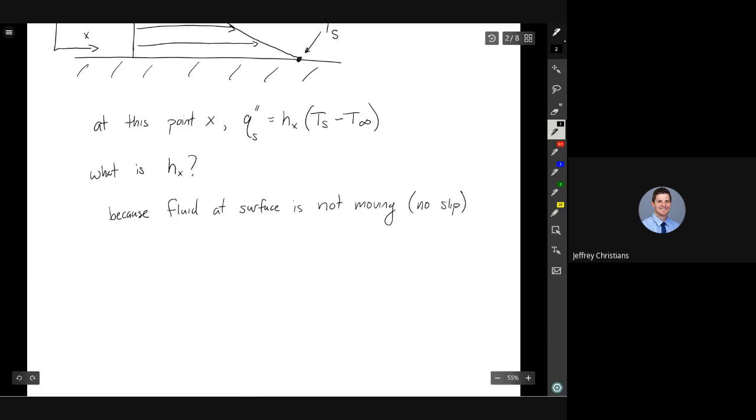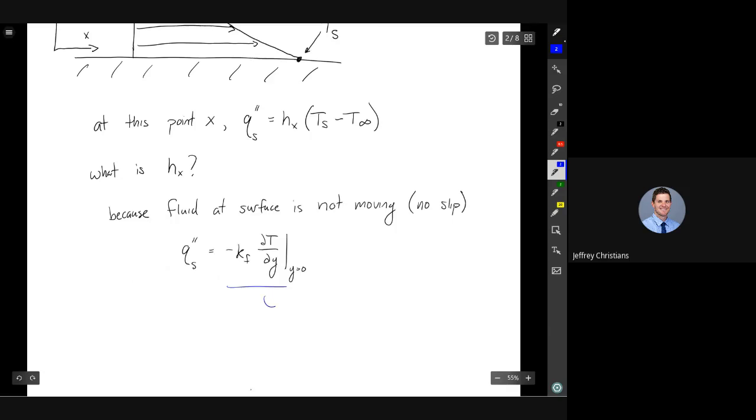Right, because it's stopped, the no slip condition. QS double prime is minus K dT/dy evaluated at y equals 0.